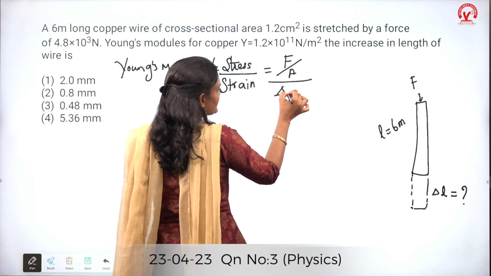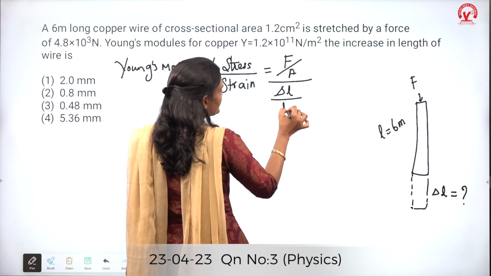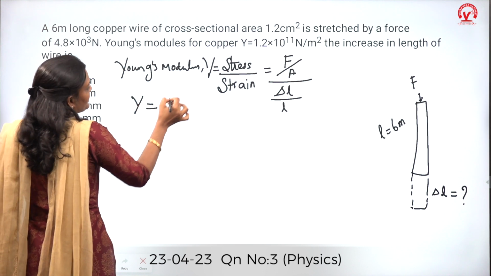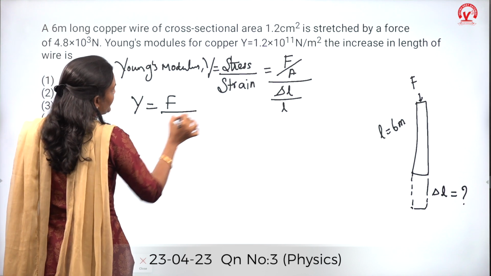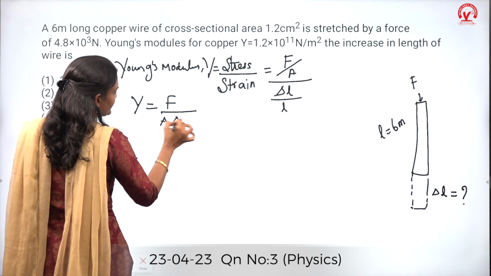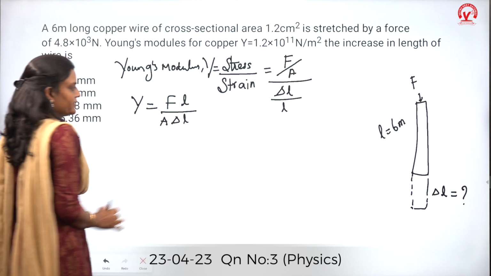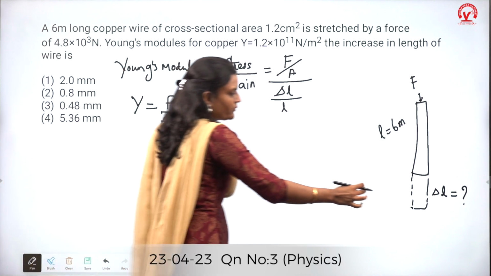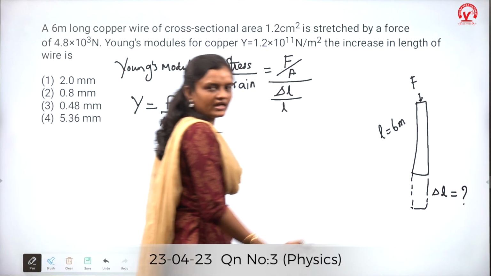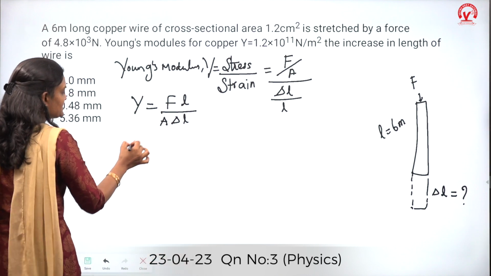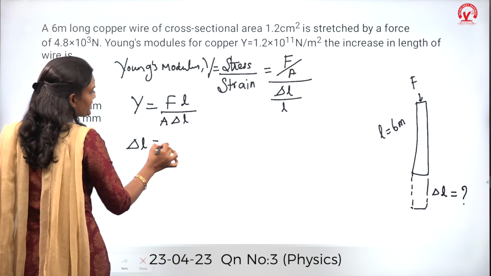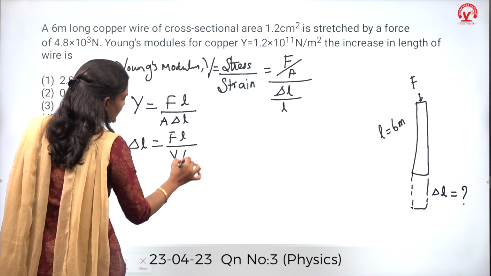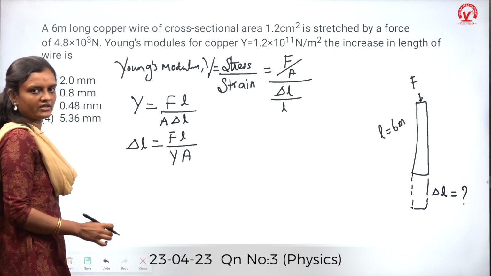Change in length is del L and original length is L. Now Young's modulus can be written as F L divided by A del L. Here our aim is to find del L, the change in length. So change in length del L is equal to FL divided by YA, Young's modulus into area of the cross section.